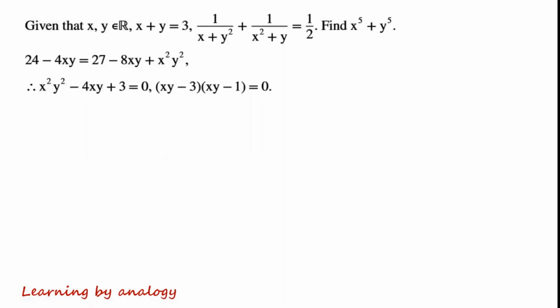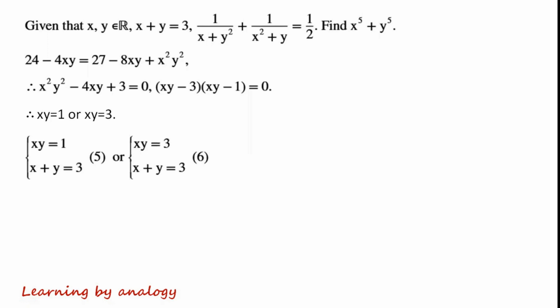So x squared y squared minus 4xy plus 3 equals 0. (xy minus 3) times (xy minus 1) equals 0 by factorizing. So xy equals 1 or xy equals 3.